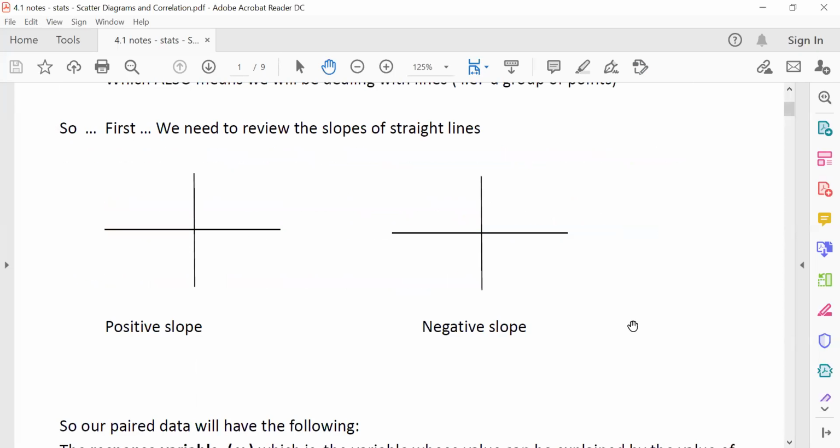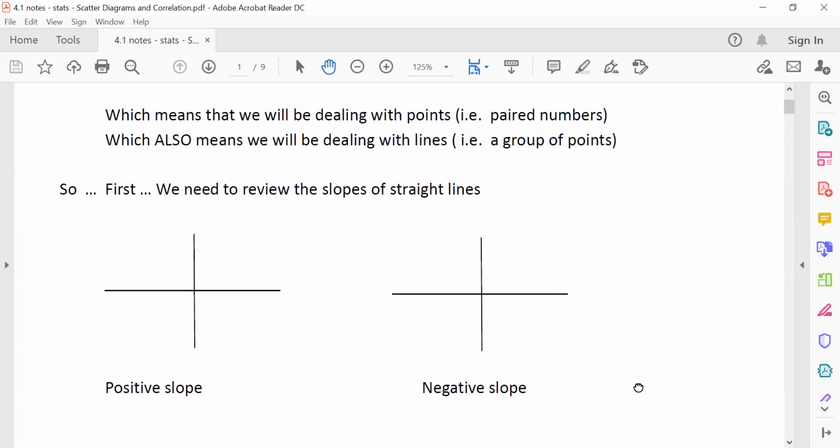So we could have a little bit of a review about slopes of lines. If you remember, a line generally has this form, y equals mx plus b. Some of your calculators will call m a instead of m.